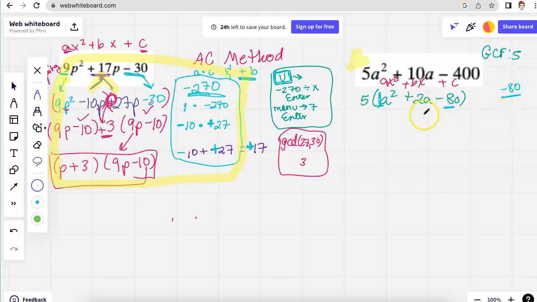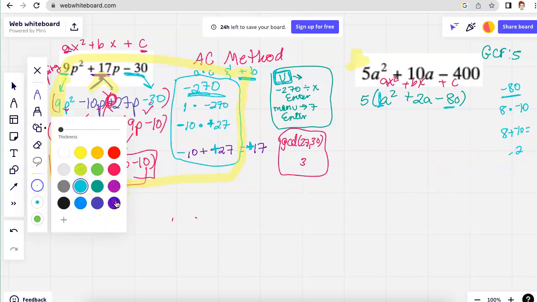Now we want to find which ones will add to 2. As this one does end in a 0 like the last one, I am going to go ahead and just jump to 8 and 10. There we go. So 8 times negative 10 is negative 80, but remember we now have to add to b. So 8 plus negative 10 gives me negative 2. So we're going to have to do like what we did last time and change everybody's symbols.